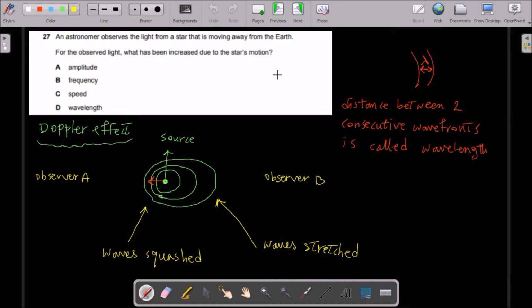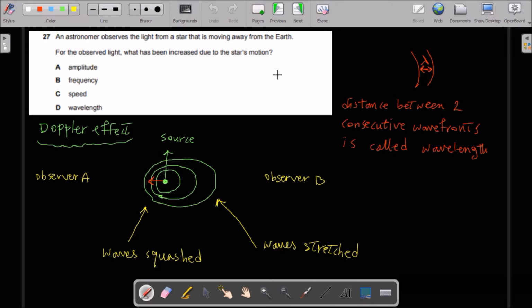Then in Doppler effect, when a source is moving, for example in this figure, on the left part towards observer A waves are squashed, and on the right part towards observer B waves stretch.